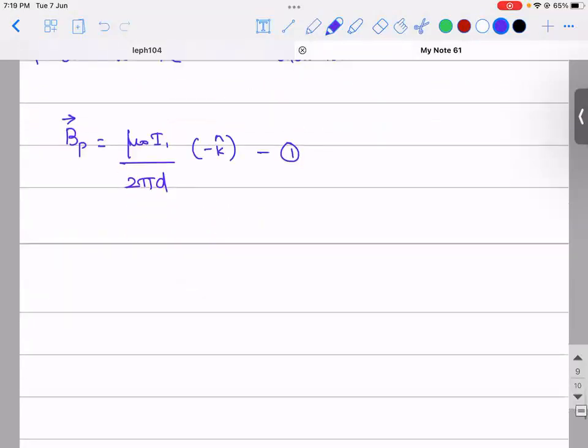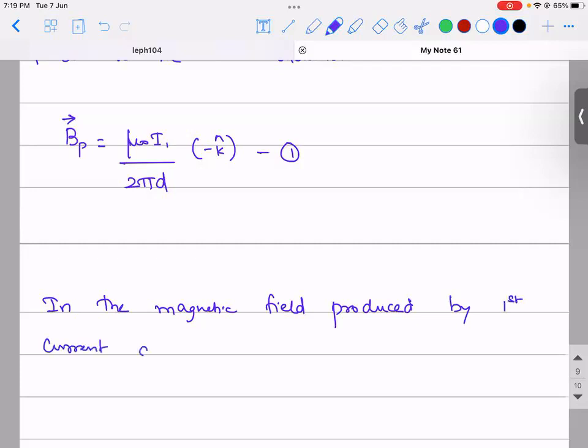Now, in the magnetic field produced by the first current carrying conductor, the second conductor is placed.